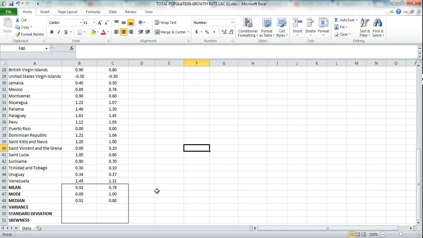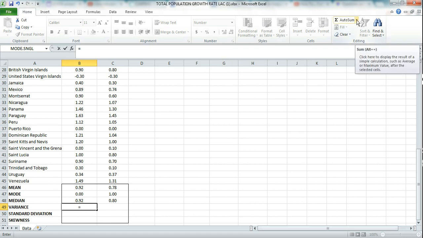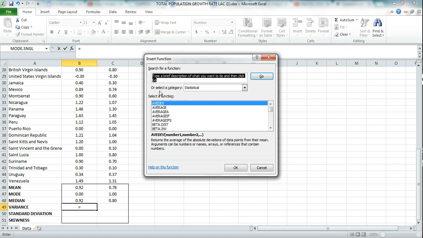Now, calculating the variance is pretty simple, as with the other measures that we have done. In the cell, you simply select equals and you go to statistics, more functions, select a category.